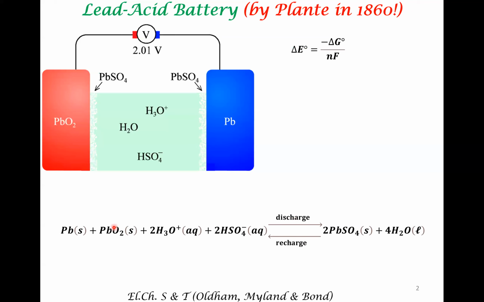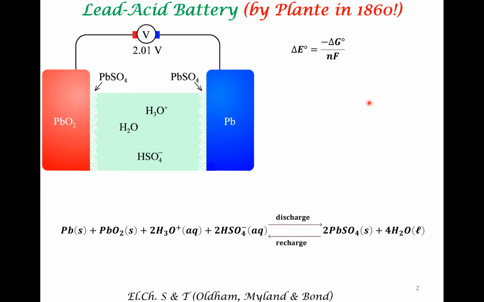During discharge, this is an exothermic reaction, so these reactants go on to form these products. So why is it a secondary battery? Because this can be recharged. That is an endothermic process. So you supply electrical energy and reverse these chemicals into these chemicals. If this can be done for a large number of cycles, then you have a good secondary battery.